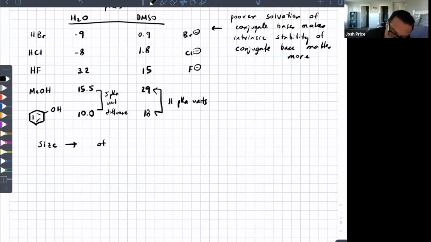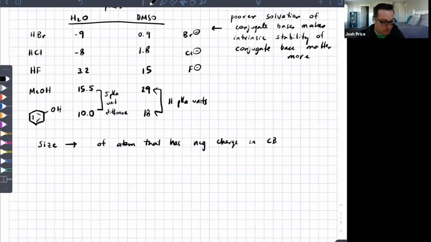First, we're talking about the size of the atom that has the negative charge in the conjugate base. Without looking at specific pKa's, we can say that HF is less acidic than HCl, which is less acidic than HBr, which is less acidic than HI.